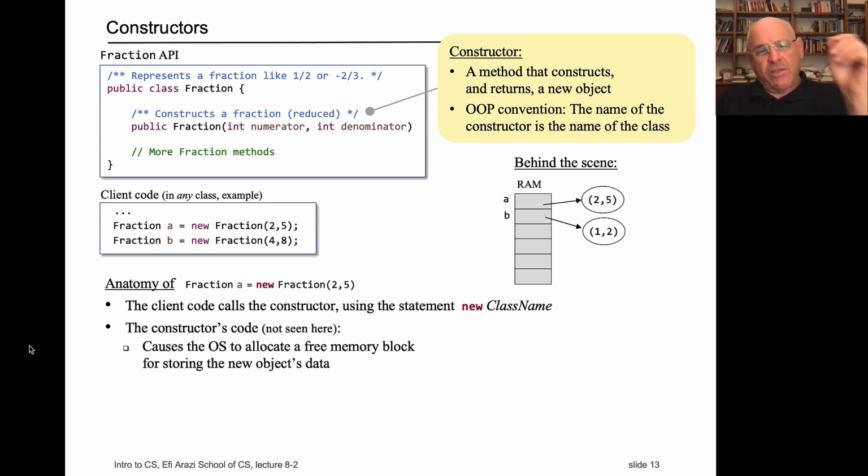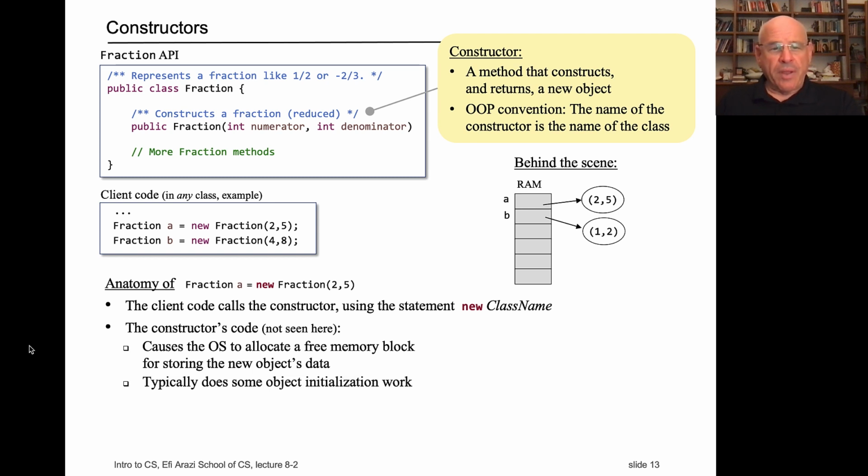Now, the constructor's code, which is not shown here, causes the operating system to allocate a free memory block for storing the new object's data. Here, the constructor will tell the operating system the user wants to create a fraction which consists of two integers. So go to the memory, find an available block of two words, and let's use it for representing this new object.